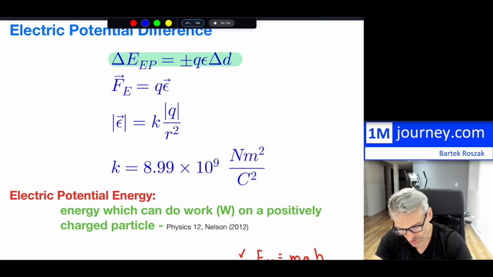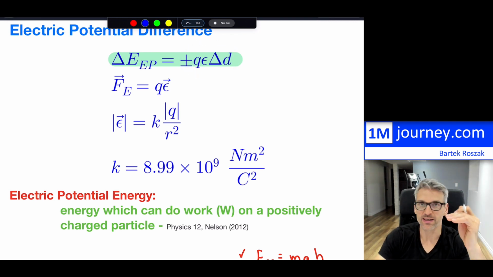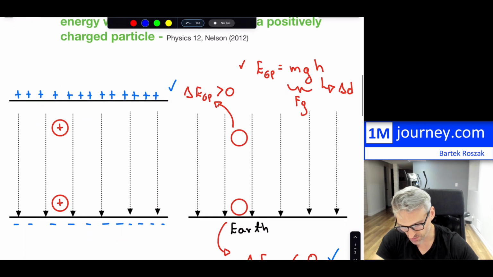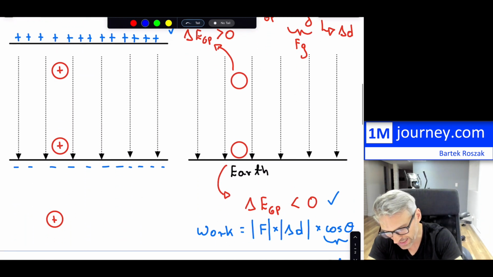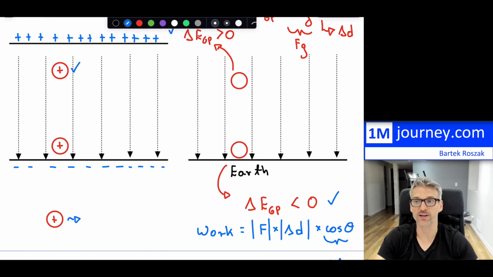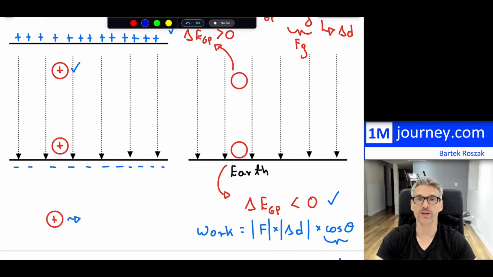And now the question arises, why in the world is it this, right? And then how do we decipher what the sign will be in here? So if you now still stick with this positive charge that we have, so let's say that it was somewhere over here, what we're saying is that it will be losing potential energy if it was going downwards.